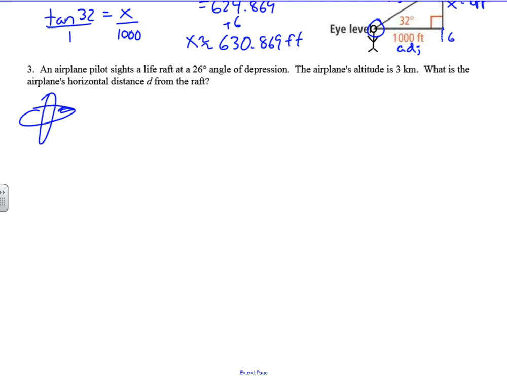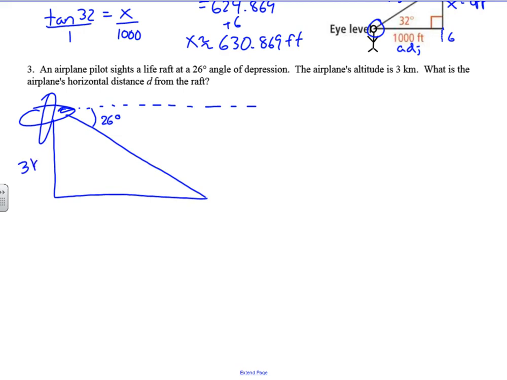If they were looking straight out, this would be their line of sight, but they're not looking straight out. They're looking down, and that down angle is 26 degrees. And they are a height of 3 kilometers above the ground. Now, height or altitude is always perpendicular. What is the airplane's horizontal distance d from the raft?